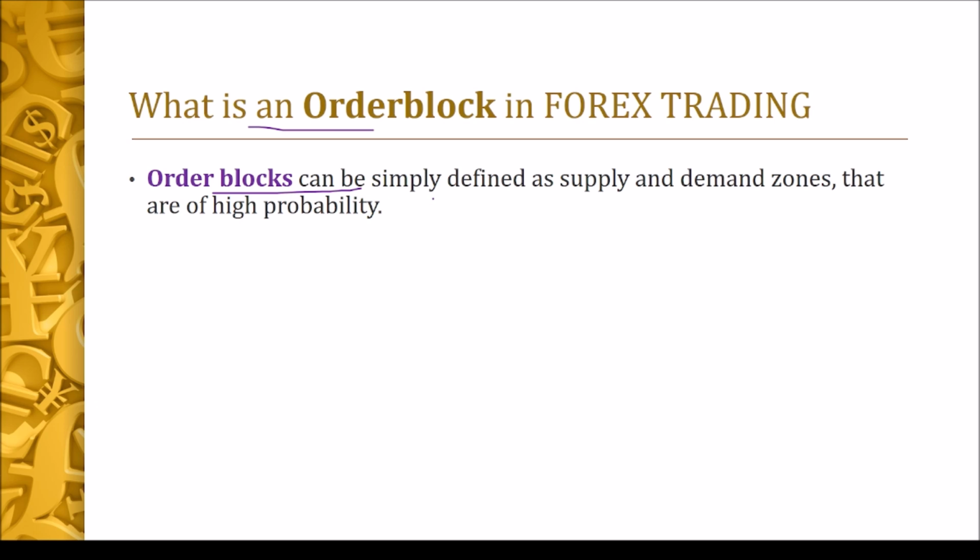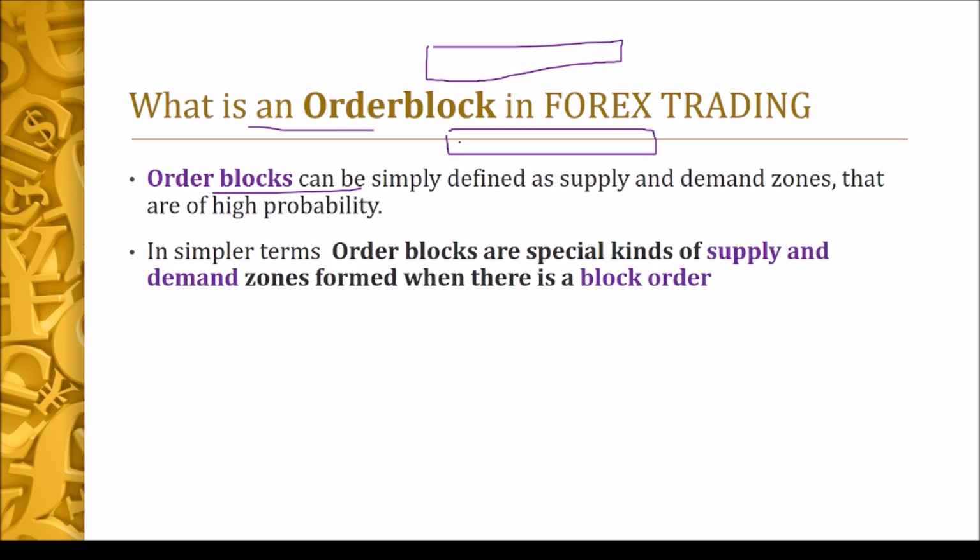So what we are basically saying here is we have supply zones and demand zones, but in this case these supply and demand zones are of high probability, to an extent of approaching 90% accuracy within the system.